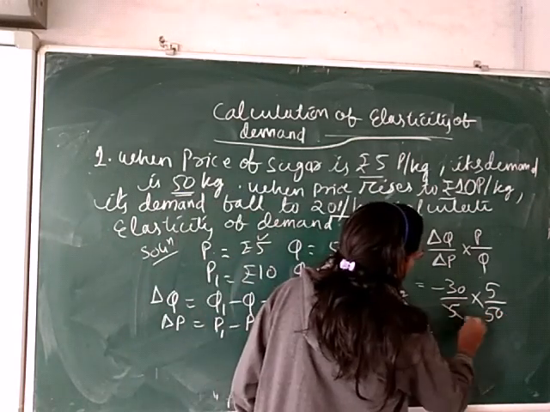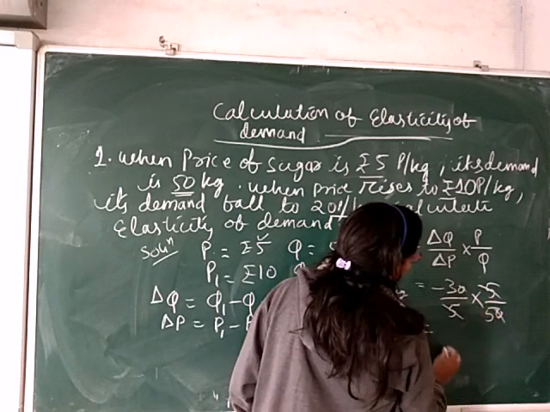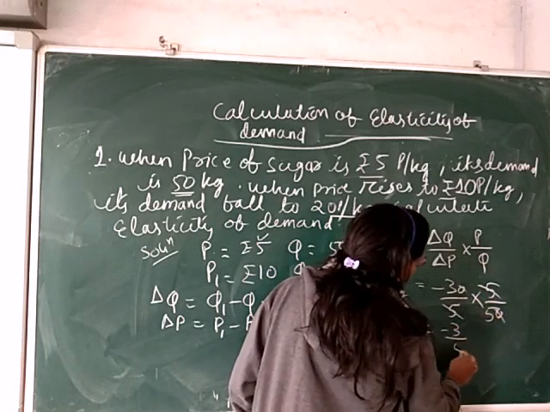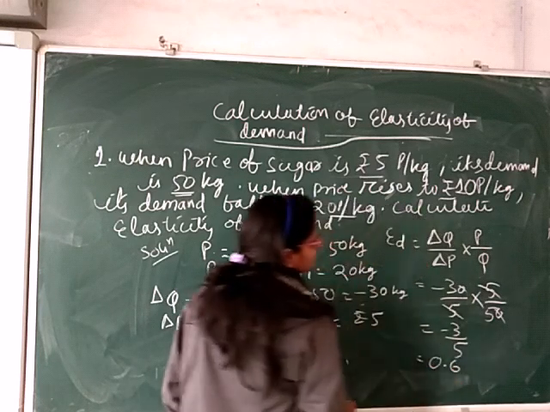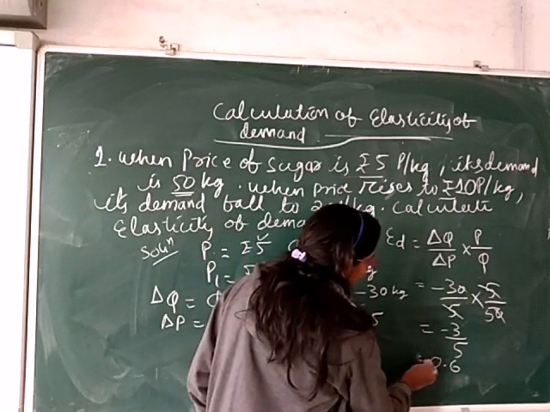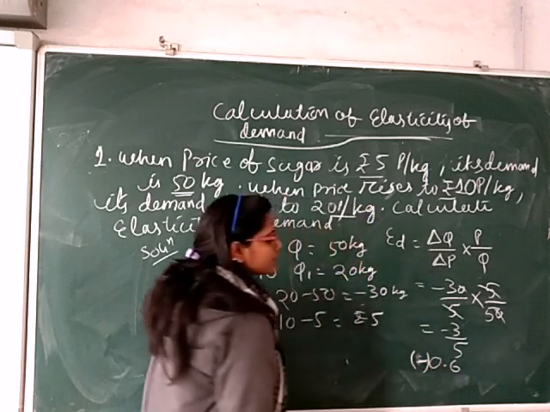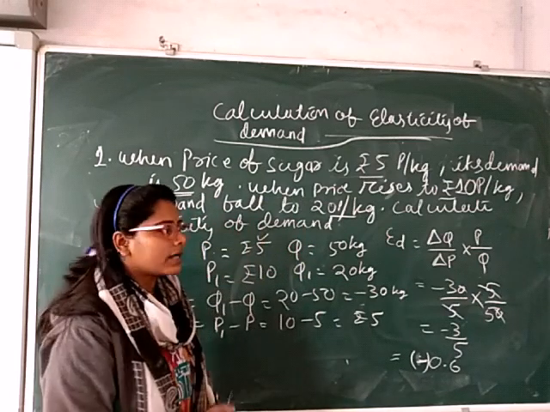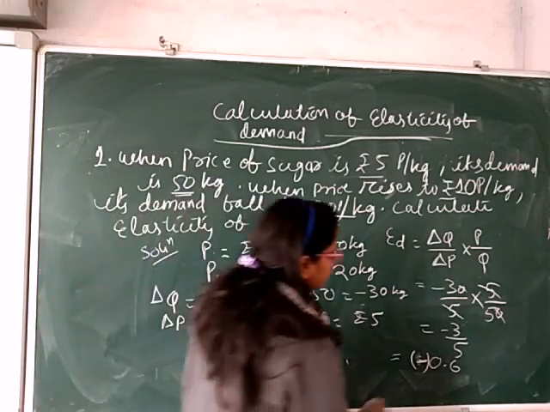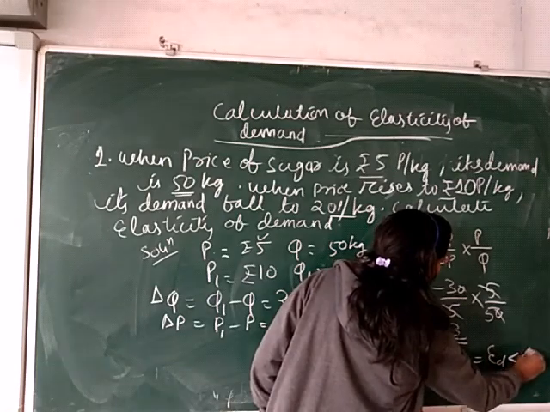Now solve this. 5 cancels, 0 0 cancel, here minus 3 by 5. So the answer will be minus 0.6. The minus sign indicates that there is an inverse relationship between price and quantity demanded of the commodity, and elasticity of demand is less than 1.